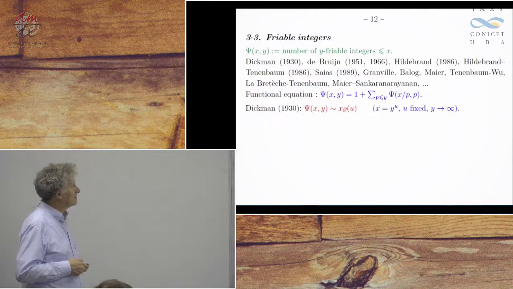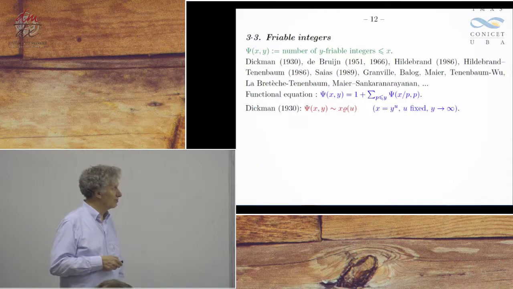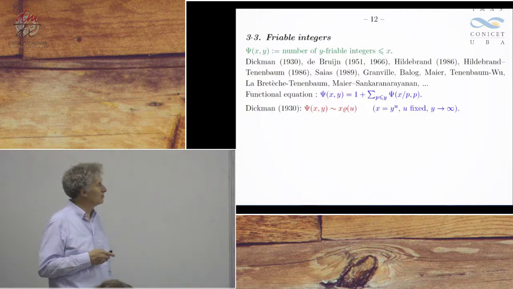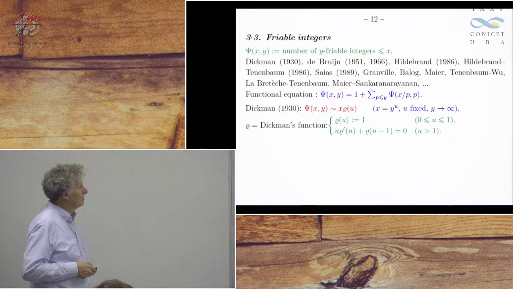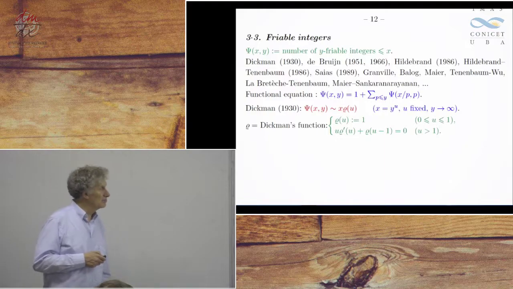So Dickman in 1930 proved that psi(x, y) is equal to x times rho of u, where rho is a function still of this parameter u, and rho is now called Dickman's function, of course, and it is defined as the continuous solution of this differential equation, and it drops down very fast.